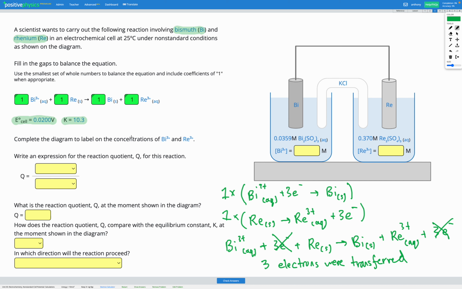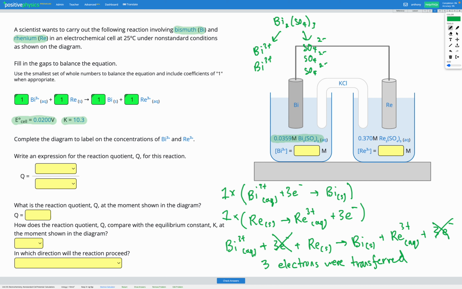Next, we need to label the diagram with the concentrations of bismuth 3+ ions and rhenium 3+ ions. So we're told that in this solution, we have a 0.0359 molar bismuth sulfate solution. Now we can see here it's Bi2(SO4)3. So when that splits up into its ions, we're going to get 2 Bi3+ ions, and we're going to get 3 SO4 2- ions.